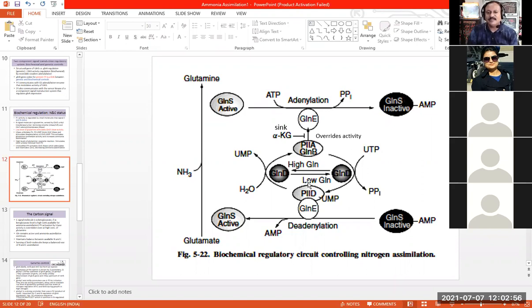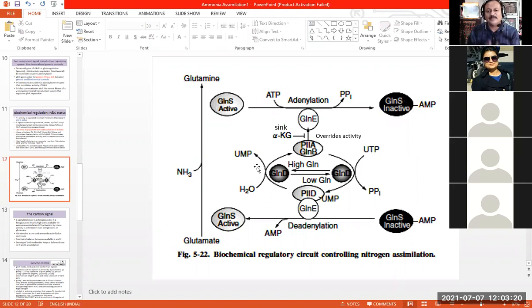And then there is one more important thing which I have not told you, and that is the carbon signal. We are talking about the nitrogen signal so far. In the presence of high or low concentration of glutamine, we have already seen what happens. But what if glutamine is present in high concentration?